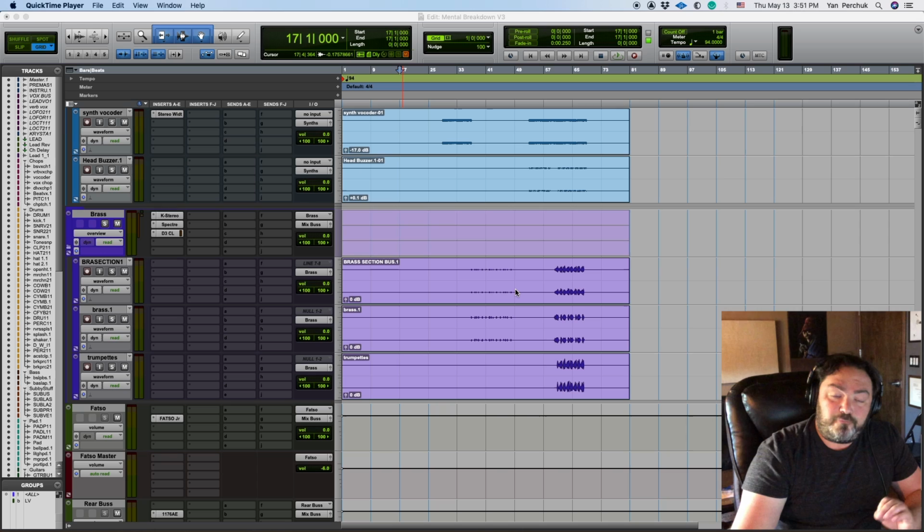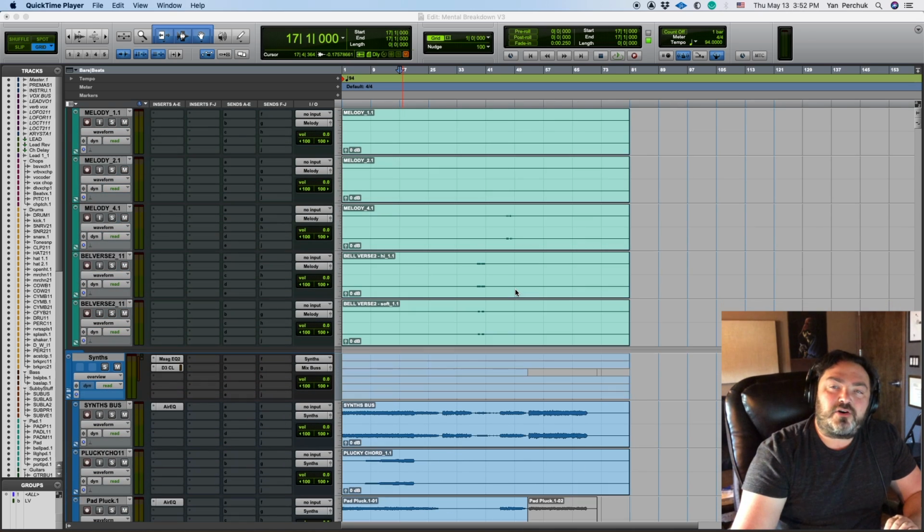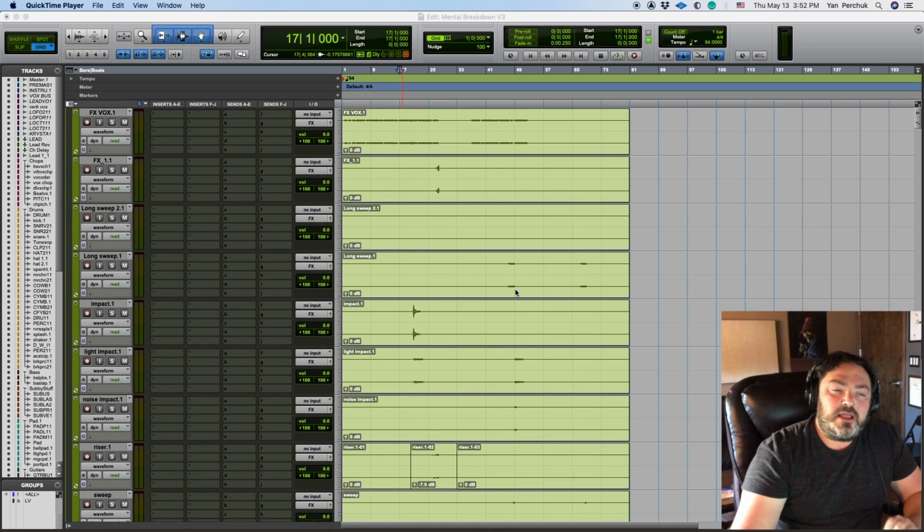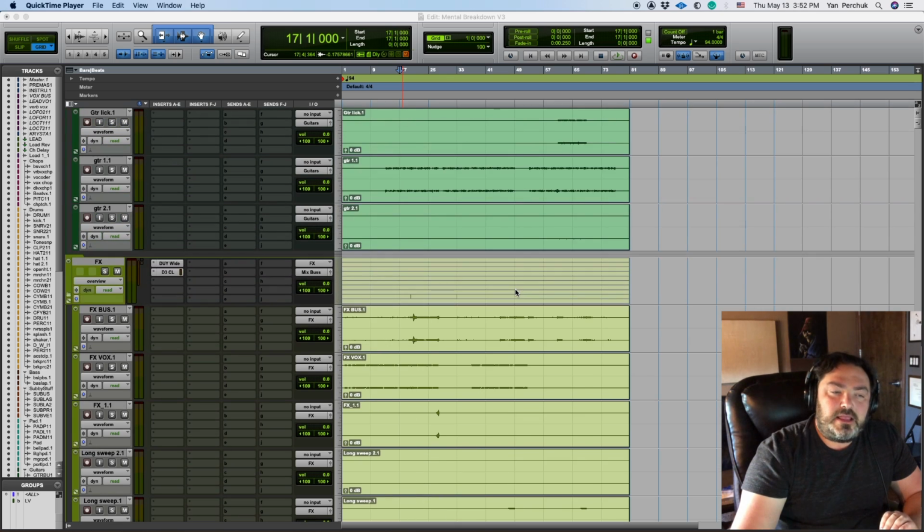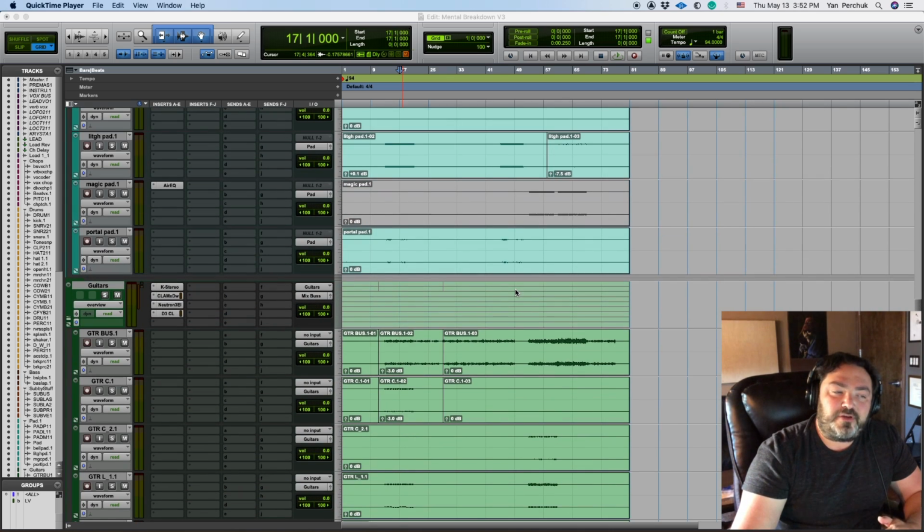So in order to avoid this, it is always better to keep the level minimal and to keep the gain structure perfect, so at 0.